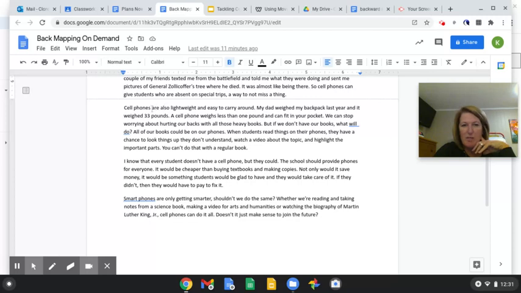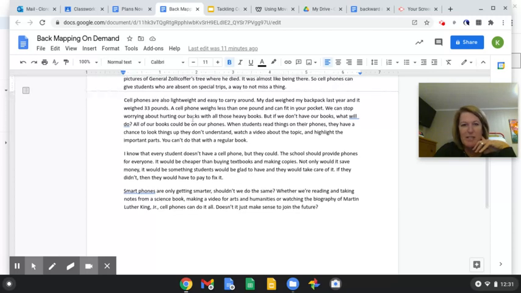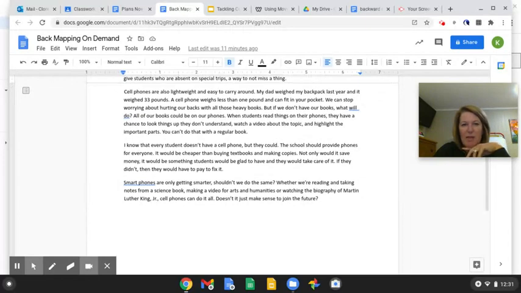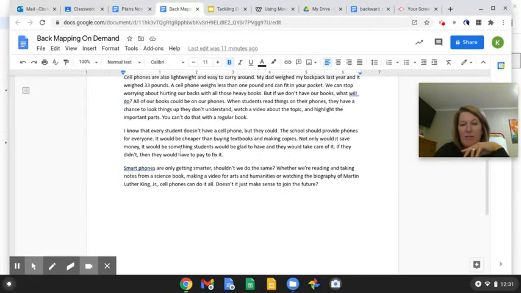The next argument is that they're lightweight and easy to carry around. Instead of the textbooks, they could just use the cell phones. And they even have a counter claim that not every student has a cell phone, but maybe the school could provide them. So if they're talking about the school providing cell phones, I'm thinking that the audience has to be someone that's involved with school policy making.